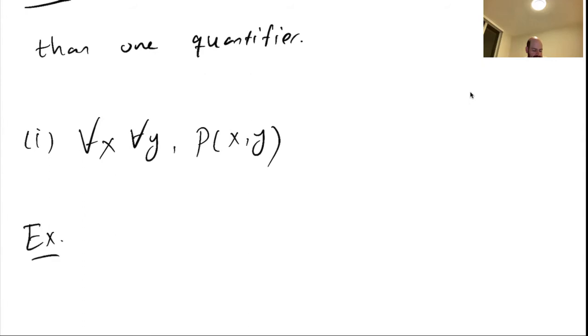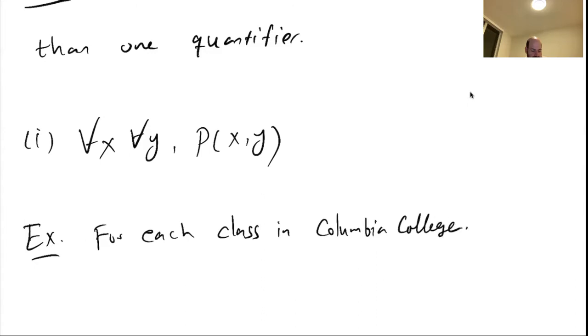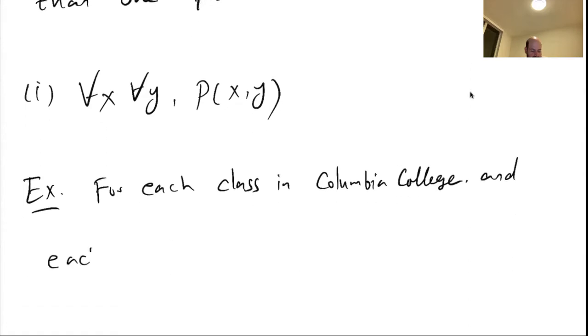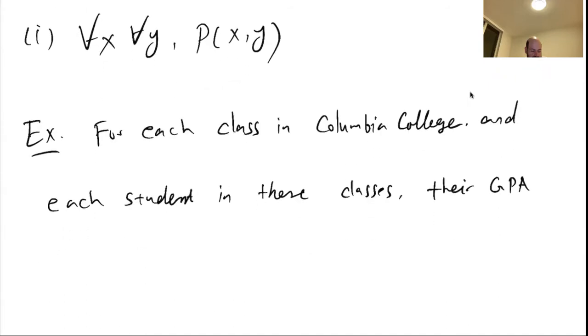Let's say, for each class in Columbia College, and each student in these classes, their GPA is more than 3.6.